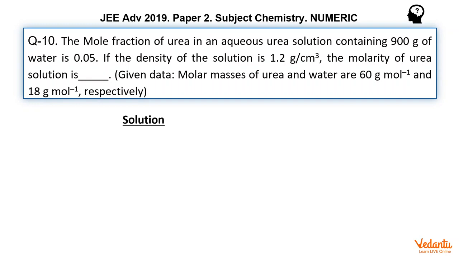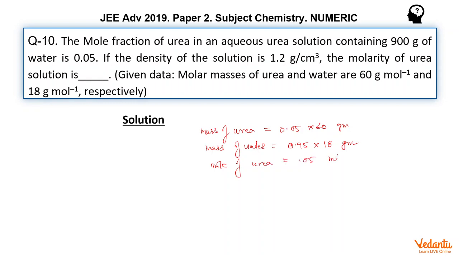So proceeding further, that means the mass of urea is equal to 0.05 into 60 grams. The mass of water is equal to 0.95 into 18 gram, and the mole of urea here is 0.05 mole.